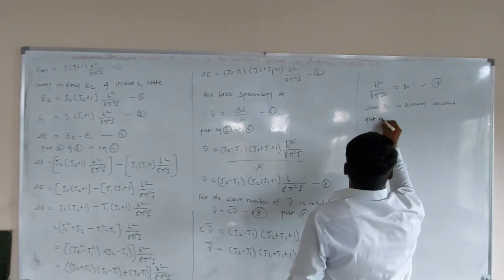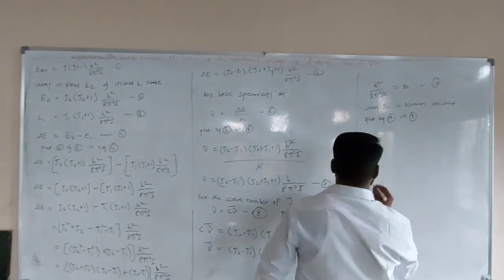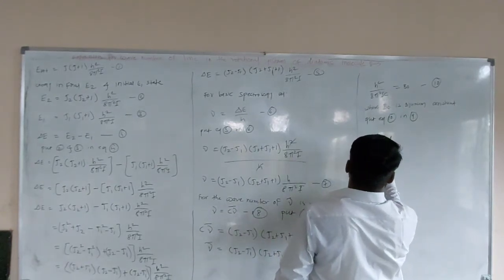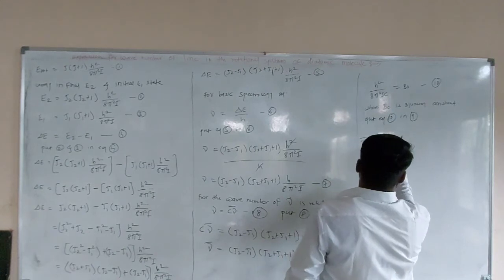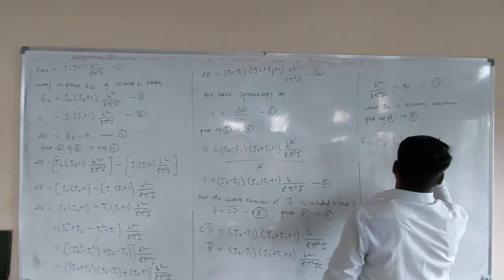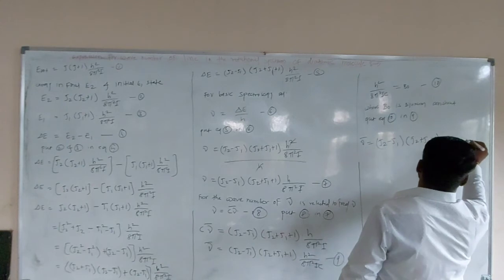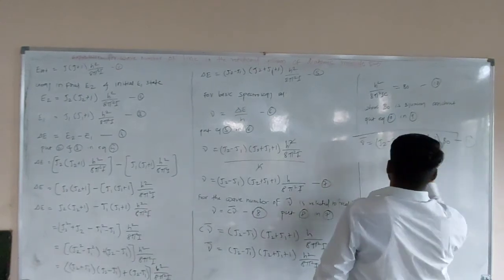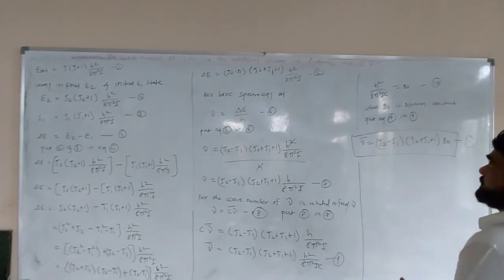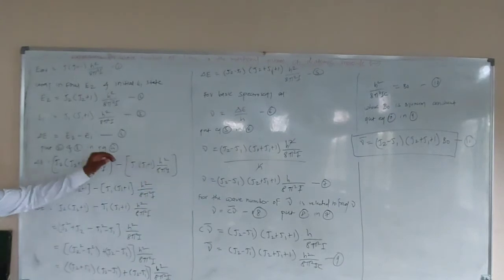Put equation 10 in 9, and this is the final equation of wave number of line. Nu bar is equal to j2 minus j1, j2 plus j1 plus 1 into B0, equation number 11. This is the final equation for expression of wave number of line of rotational spectrum of diatomic molecule.